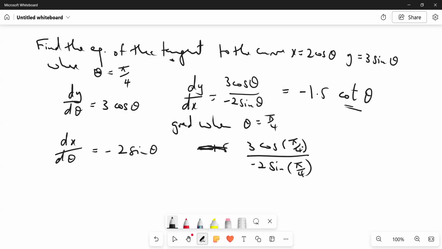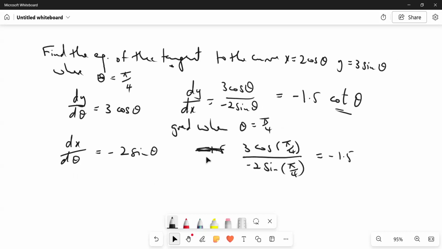Pi over 2 is 90, so pi over 4 is 45. You put that in the calculator, and when you finish you should get minus 1.5. So that's your gradient there.